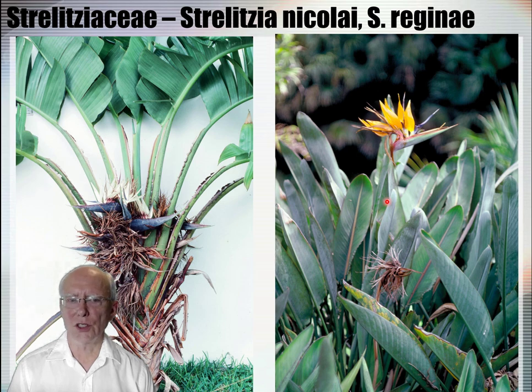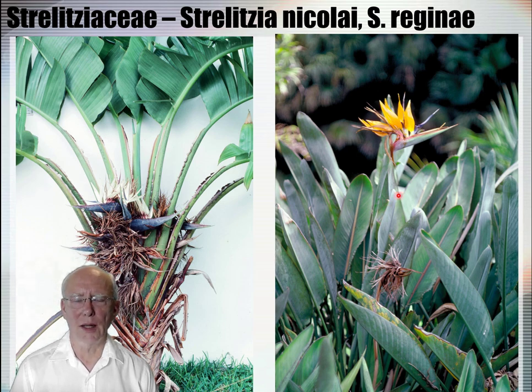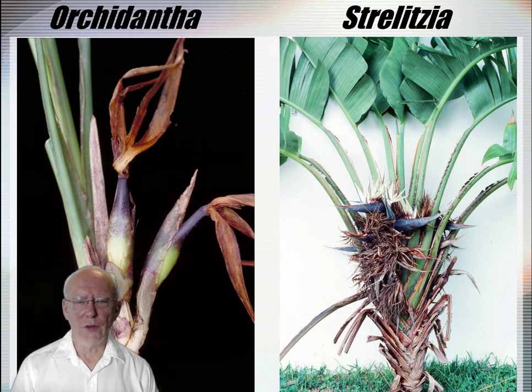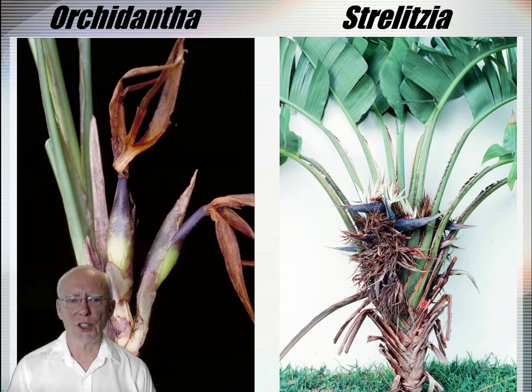And again, this suggests that we're dealing with exactly the same kind of inflorescence structure in Strelitzia reginae as in Strelitzia nicolai. So these two inflorescences, which look so different when we first see them, the inflorescence of Orchidantha and the inflorescence of Strelitzia, are constructed on the same basic plan.